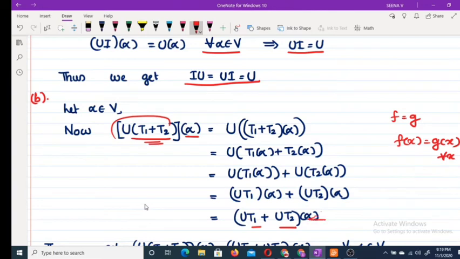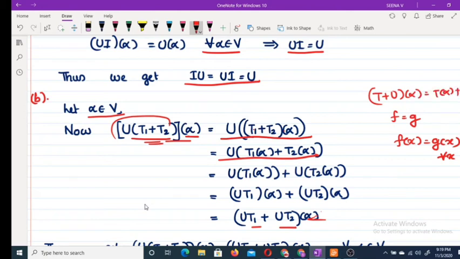Therefore we are taking some arbitrary alpha belongs to V, and this of alpha equal to, by definition, u of this one. But t1, t2 are linear, therefore you can write like this. This is actually a definition. Now, this we have already discussed in the last class: (t plus u) of alpha equal to t of alpha plus u of alpha.